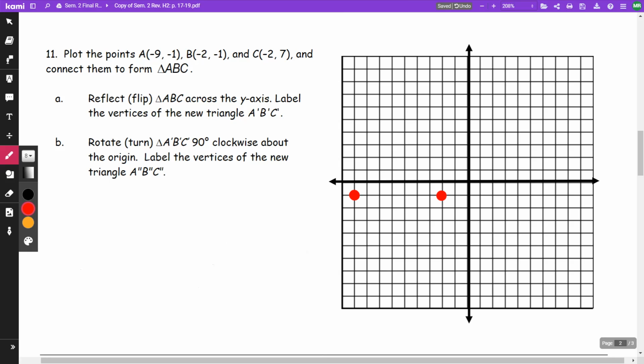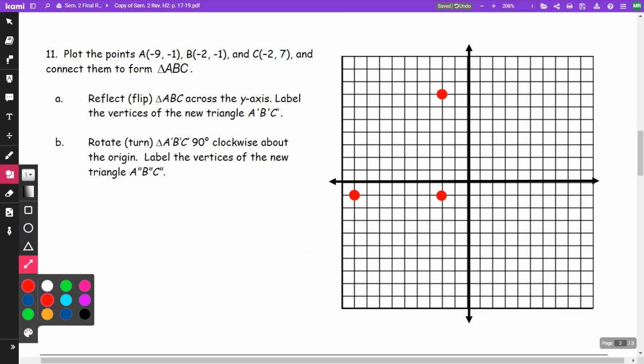And c is negative 2, comma, 7. So 1, 2, 3, 4, 5, 6, 7. And they want us to connect this. So I am going to connect this to make a rectangle. I mean, sorry, a triangle. So let's see.